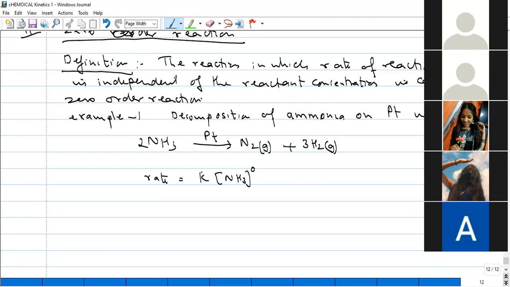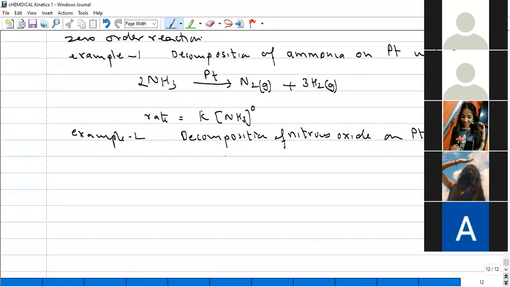Example 2: decomposition of nitrous oxide on platinum catalyst. So it will be N2O giving you N2 plus oxygen.